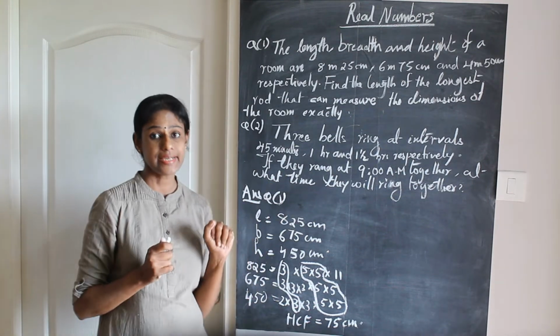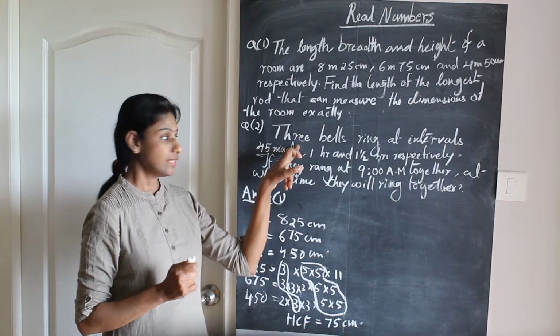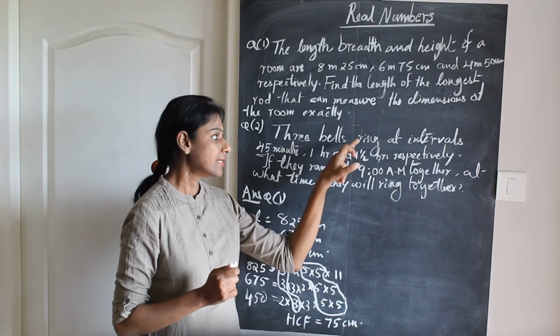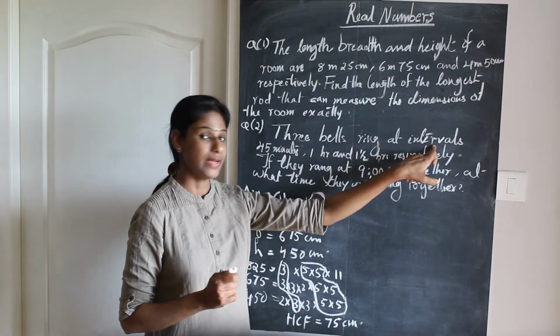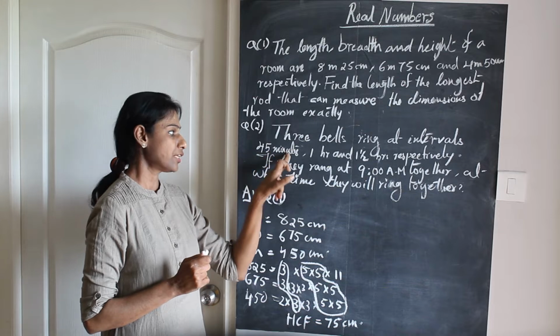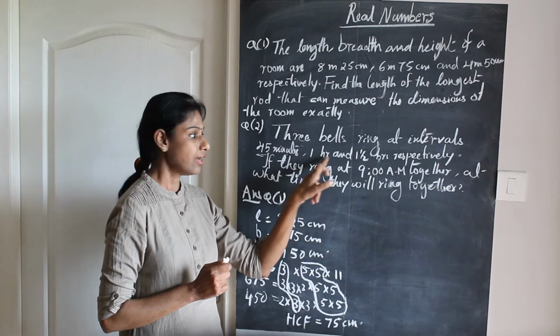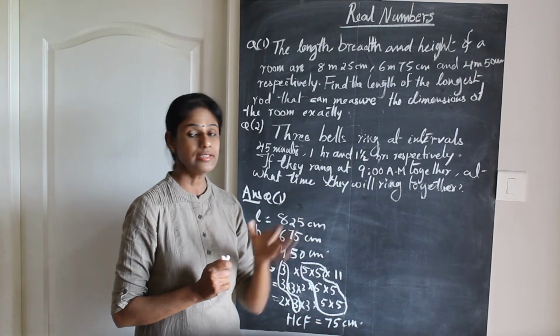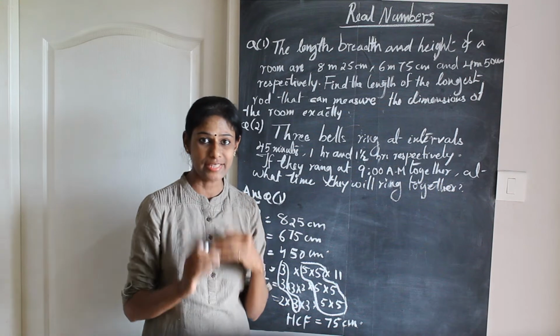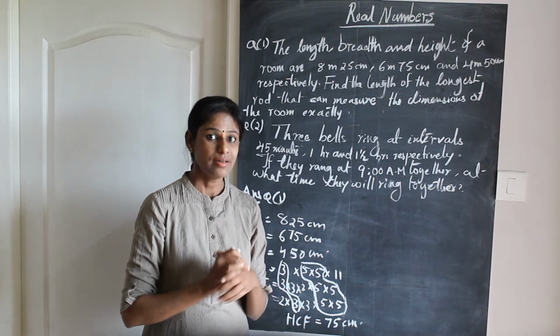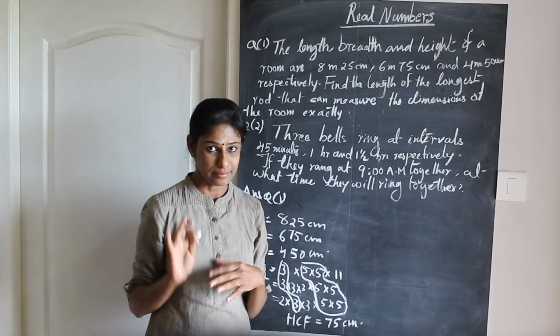Now check the second question here. The question is: 3 bells ring at intervals of 45 minutes, 1 hour and 1.5 hours respectively. Imagine that there is a school, a church and a temple.